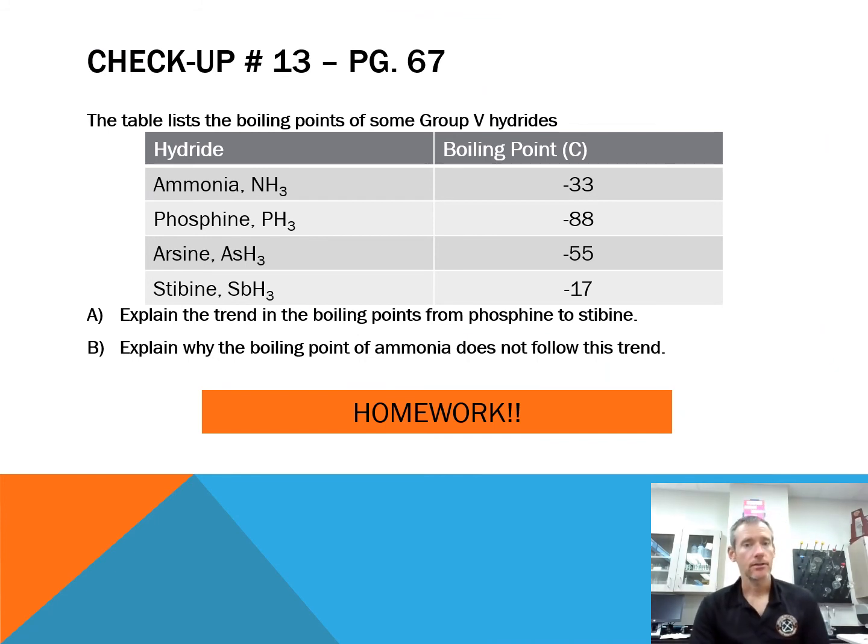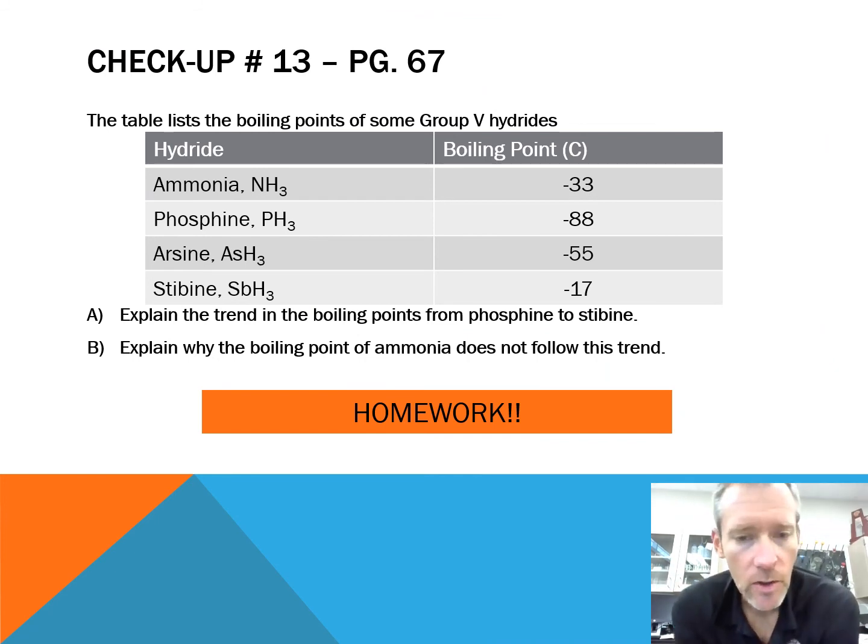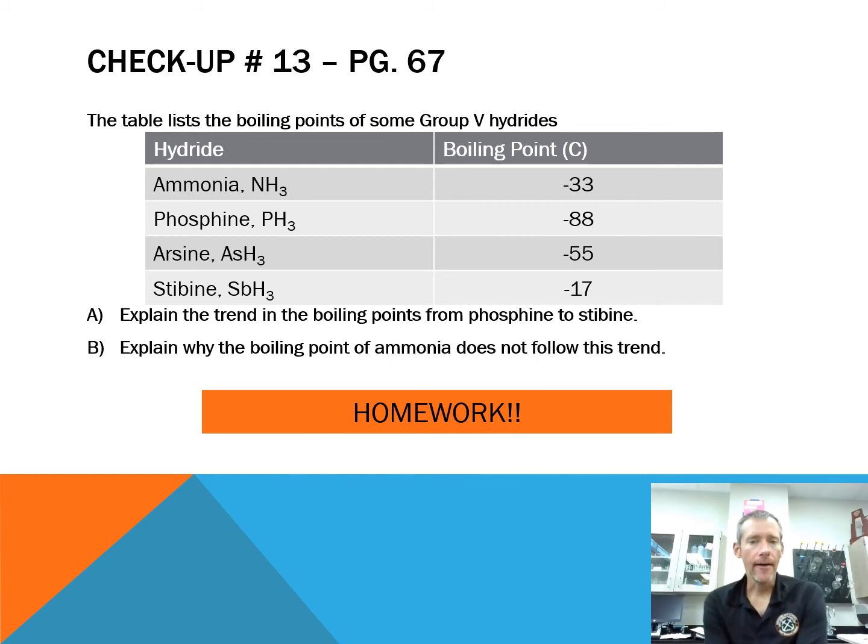All right, here is a third question. You have ammonia, phosphine, which was just found in Venus, arsine, and stibine. Explain the trend in the boiling points.